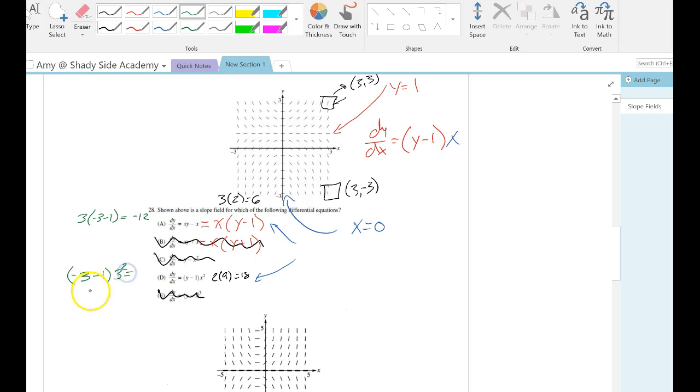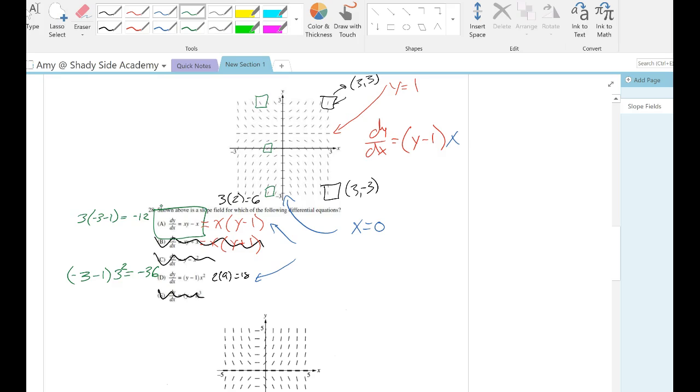That one seems a little large, so that's -4 times 9, which is -36. All you're going to do is end up testing maybe one point in each quadrant until you can figure out which one it's going to be. Now, just based off of the size of the slopes that we've gotten so far, I'm probably going to go with this one.